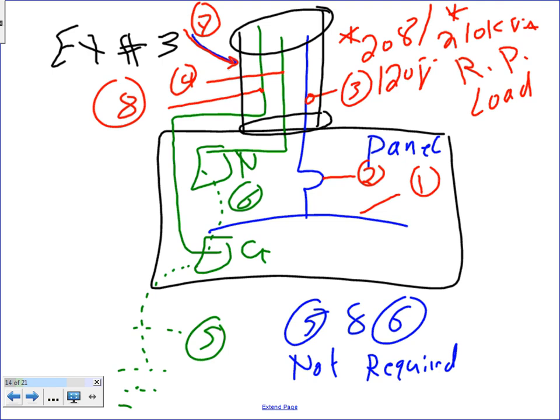Number 5, which is that one here, dotted line. 5 and 6 are not required for this because it's not a service entrance. Can you guys write yourself a note: 5 and 6 are not required because of that, and change this one to 8. I'm going to call it 8, just to stay in the same convention that we've done.